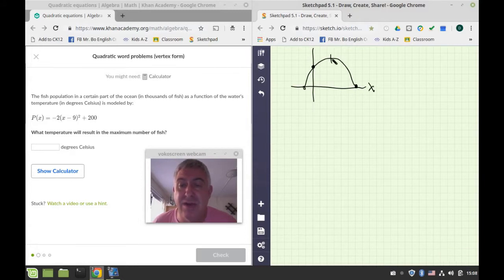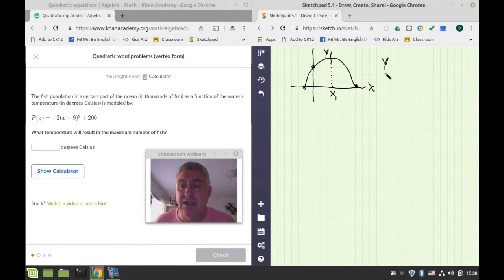The third is, what is the x for the vertex? And the fourth is, what is the y for the vertex? So if it wants to know about the maximum, you can either ask how many fish are the maximum, or what is the temperature for the maximum? And this one is asking us what temperature, so it wants x1.